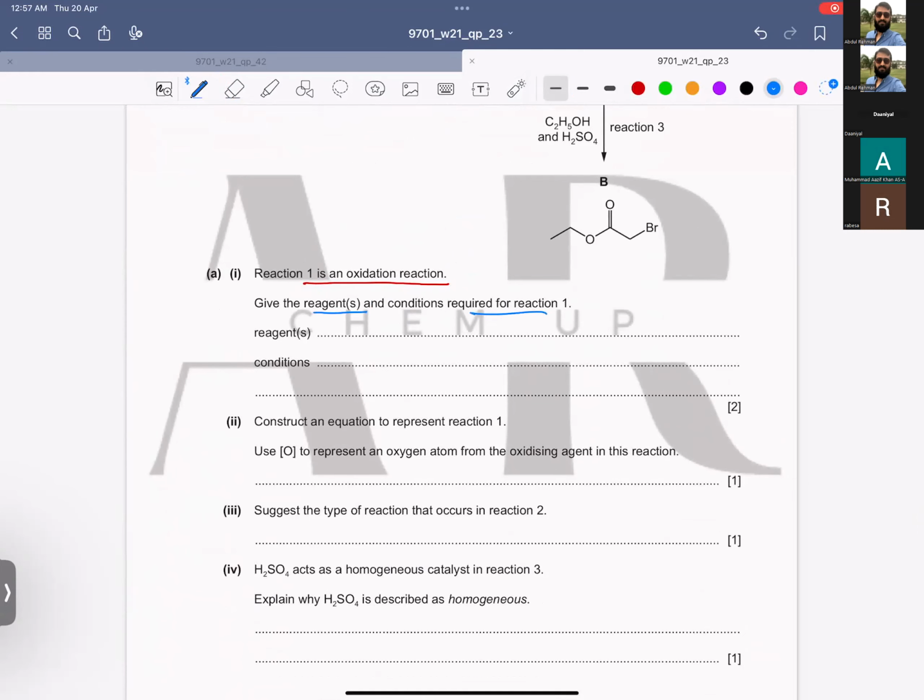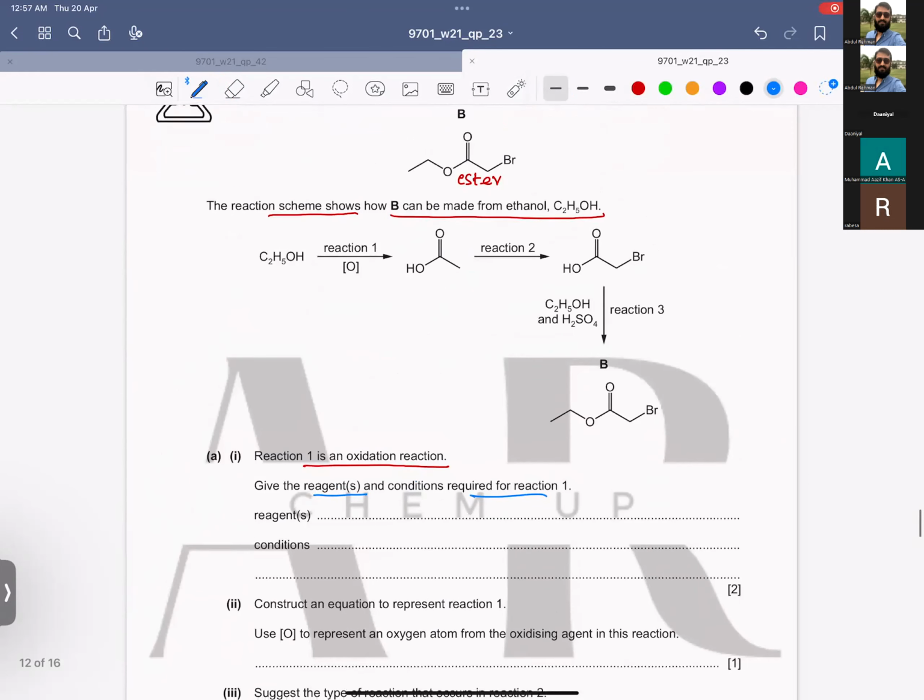Give the reagents and conditions required for reaction 1. So in reaction 1, it's an oxidation.